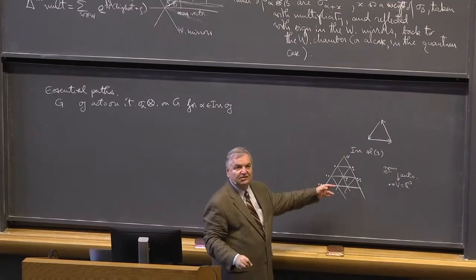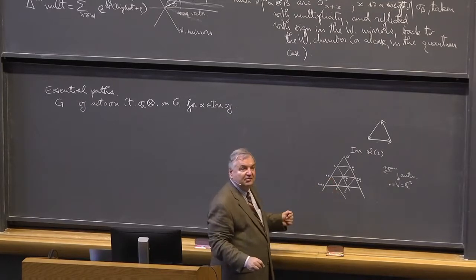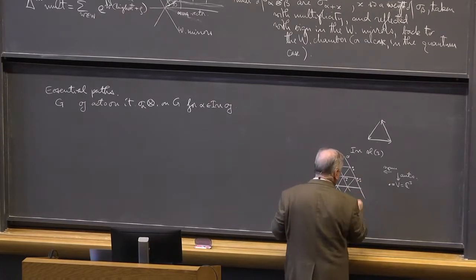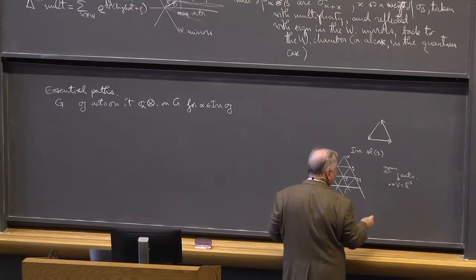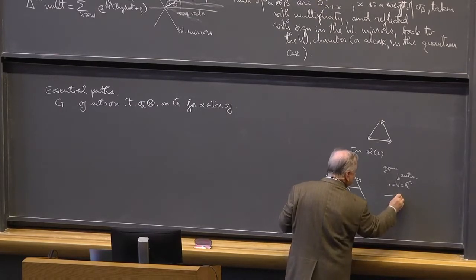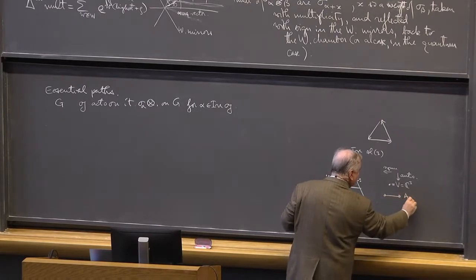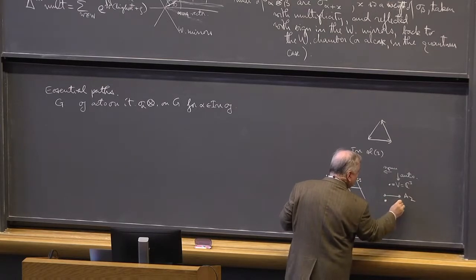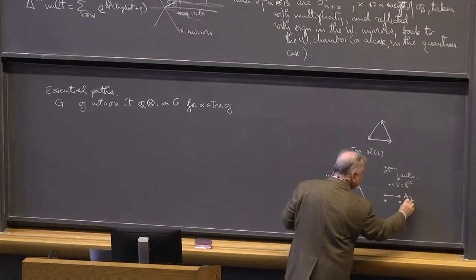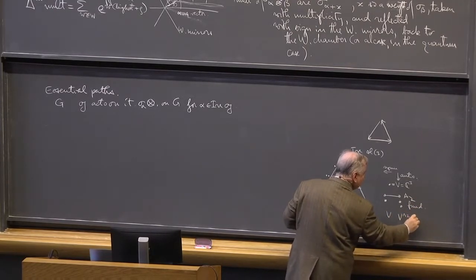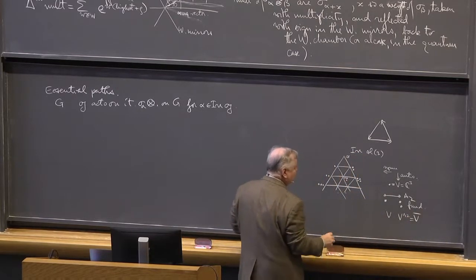So this is made of 4 copies of C^3, but our generators, the graph is A2, and the fundamental representations are V and V wedge 2, which is V bar, which you know very well.